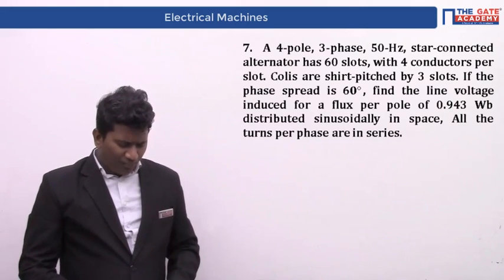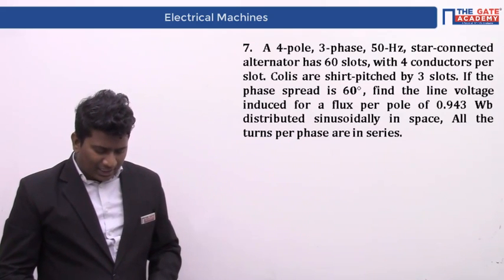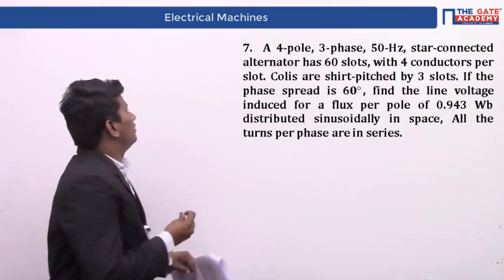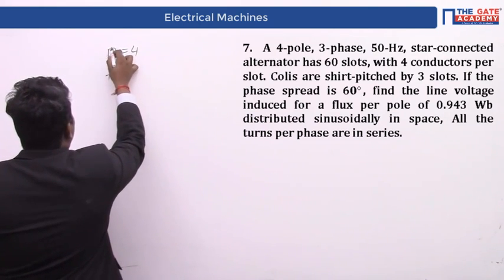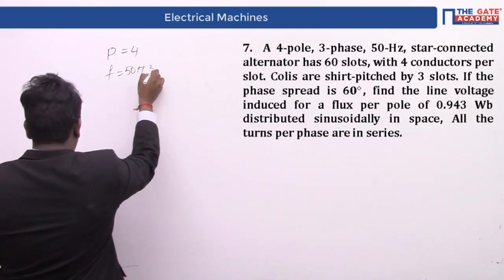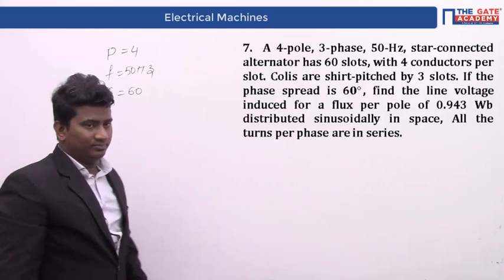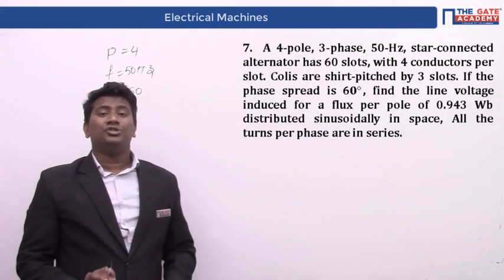Take down this question. A 4-pole 3-phase 50 Hz star connected alternator has 60 slots with 4 conductors per slot. Number of poles is equal to 4, frequency is equal to 50 Hz, and the number of slots is 60 with 4 conductors per slot.